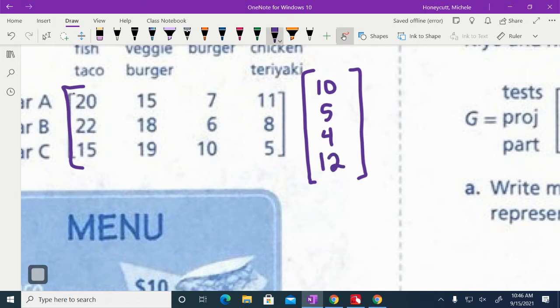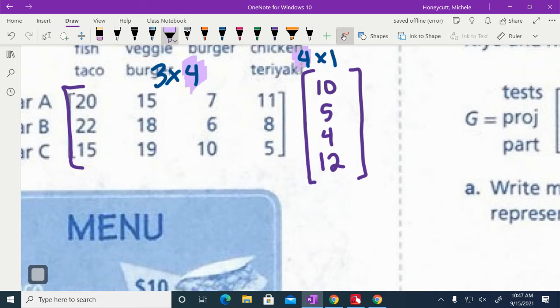Let's check the dimensions. What are the dimensions of this matrix? 3 by 4. This one is 4 by 1. Am I allowed to multiply the two matrices together? Yes, because this 4 is the same as that 4.